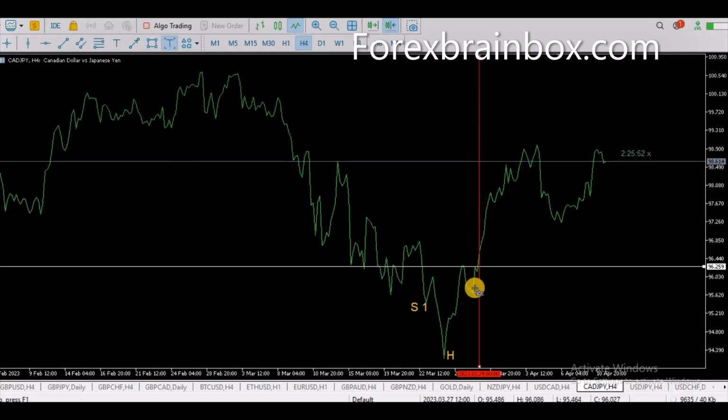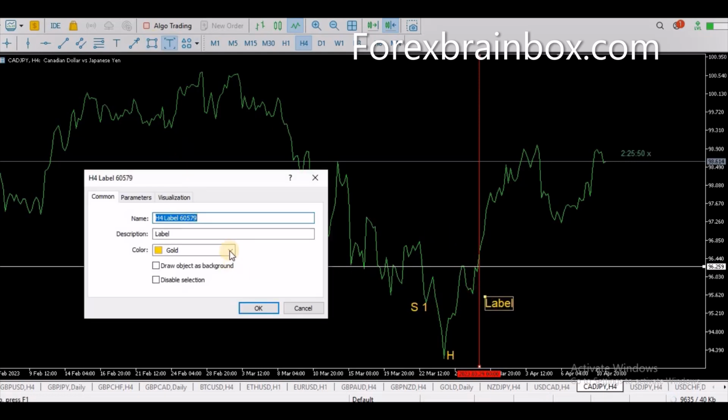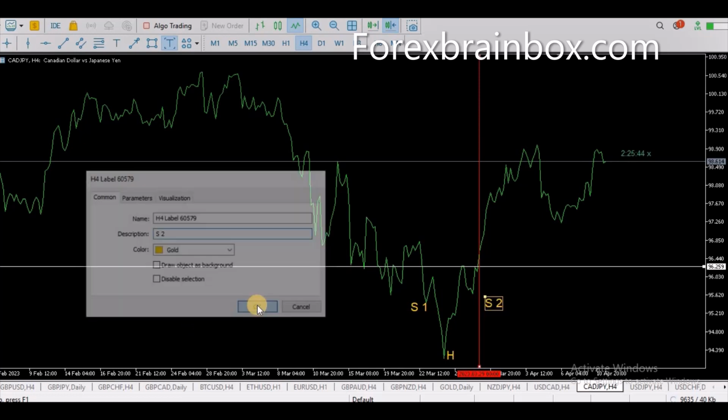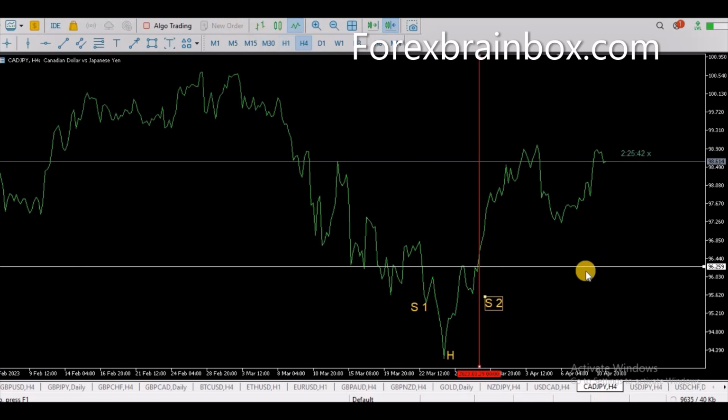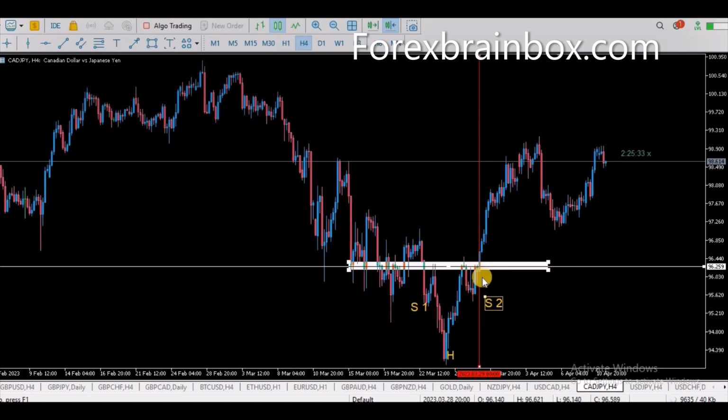And right here is going to be the second shoulder. I'm going to name this Shoulder 2. Okay. And this level right here is going to be the neckline.